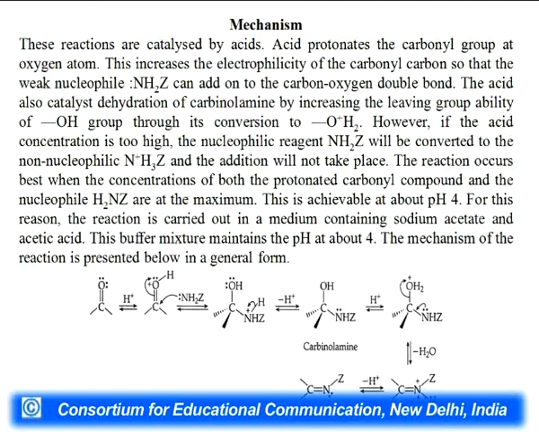The reaction occurs best when the concentrations of both the protonated carbonyl compound and the nucleophile are at the maximum. This is achievable at about pH 4, the very important point, pH should be 4. For this reason, the reaction is carried out in a medium containing sodium acetate and acetic acid. It should be noted that this buffer mixture maintains the pH at about 4.